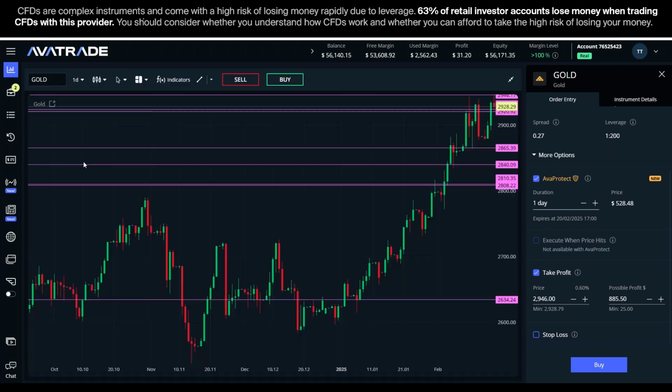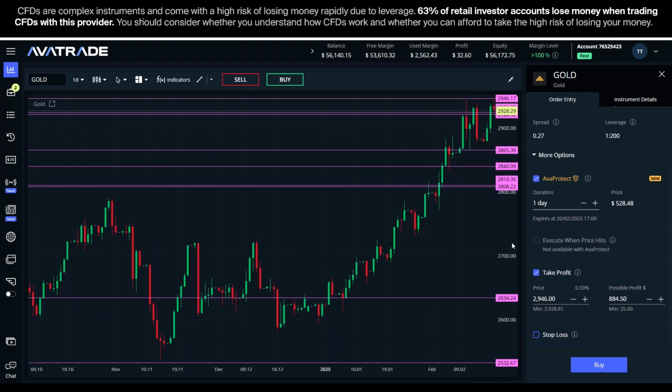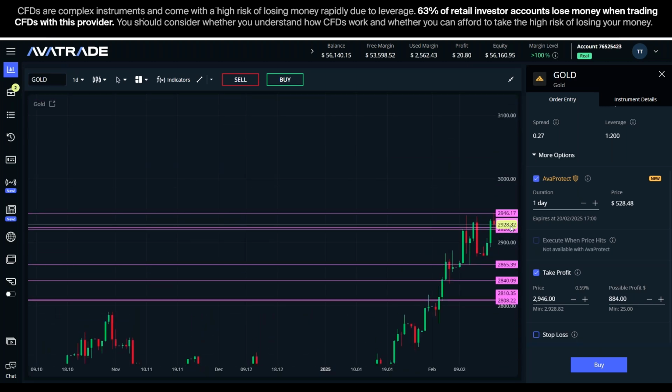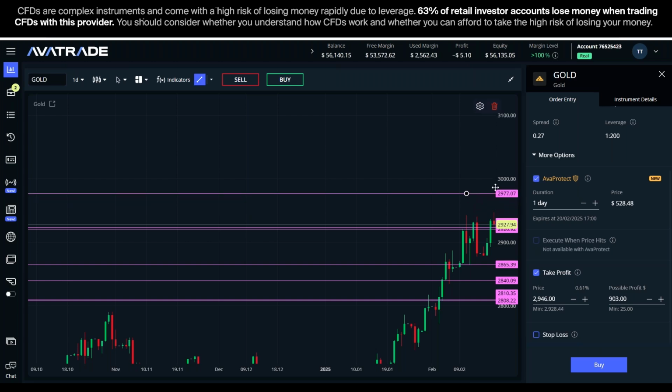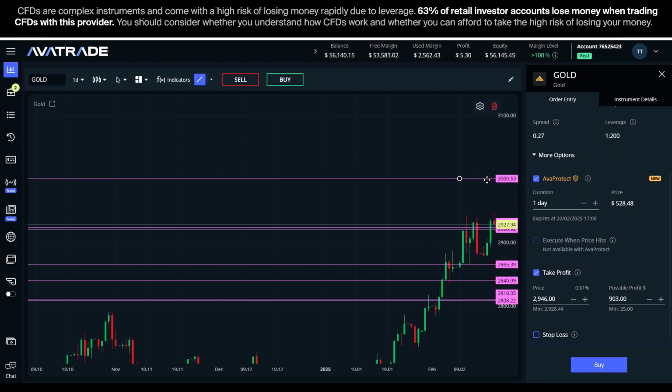I can look at 1 day candles, and I could start to look, okay, if this does break 29.46, that's all-time high territory. So there's no resistance level up here. Where's the next round number? 3,000? I've heard talks about 3,000 for a long time that, wow, it looks like it wants to go to 3,000. We'll see if it does.